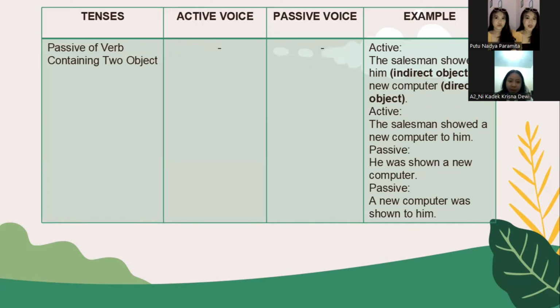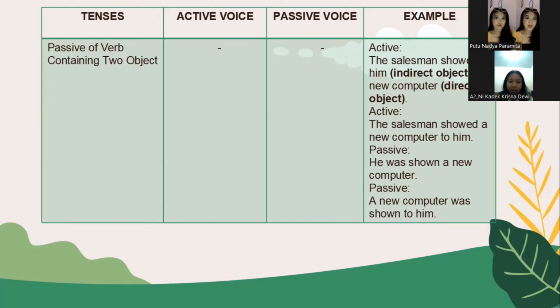Okay, number 8, passive of verb containing two objects. Many verbs can be followed by two objects, an indirect object and a direct object. The indirect object usually refers to a person and the direct object usually refers to a thing. Two structures are possible.